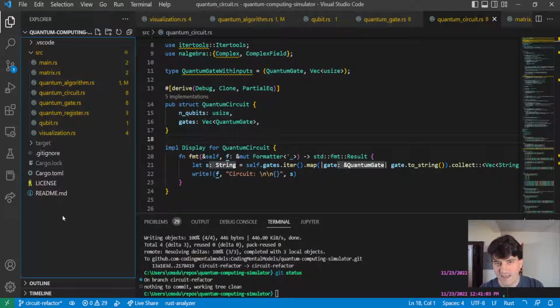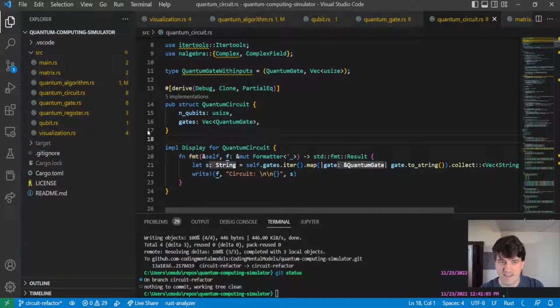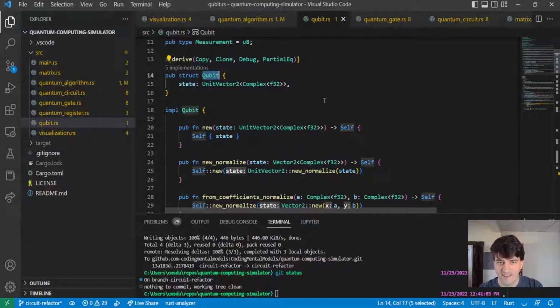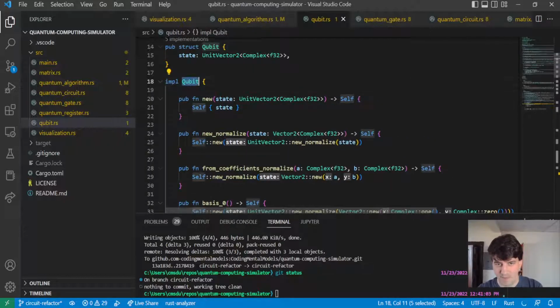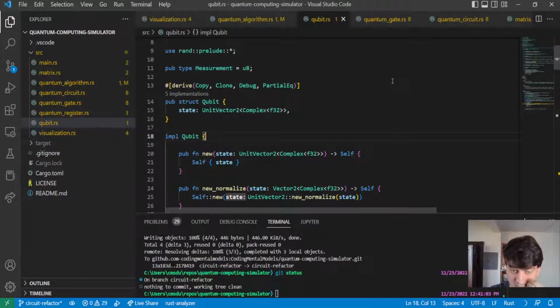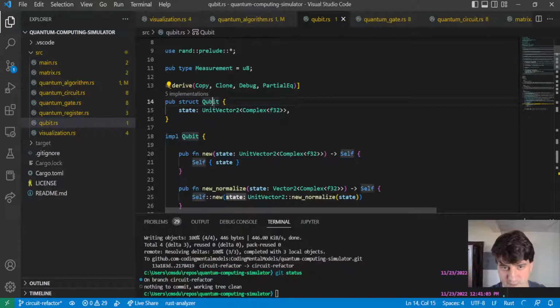For instance, I have multiple structs in this quantum computing simulator that I'm writing. These structs are basically classes. They have some data, and they have this impl block, which is just a bunch of functions, a bunch of methods. So it's the same idea as a class. In Java, this would just be a class of qubits. It would contain some, are they called properties or members?